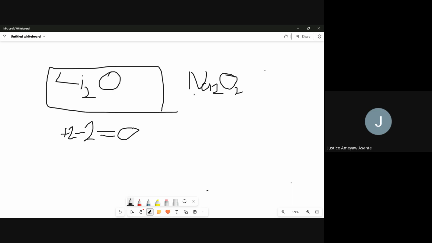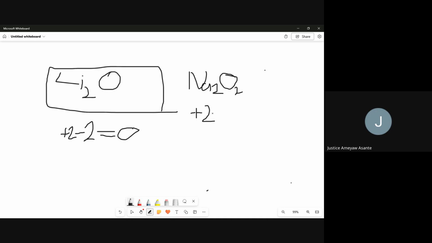So the total oxidation state of the sodium atoms and oxygen atoms should sum up to 0. Sodium is in group 1, and therefore its oxidation state is +1. How many sodium atoms do we have here? 2. So we get +2.